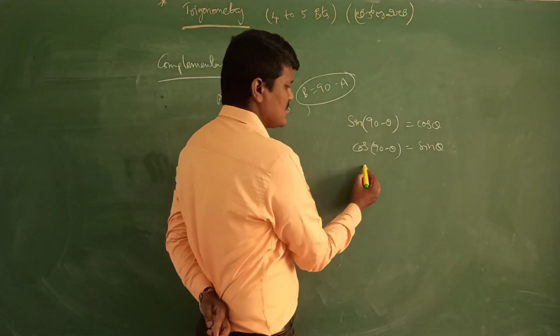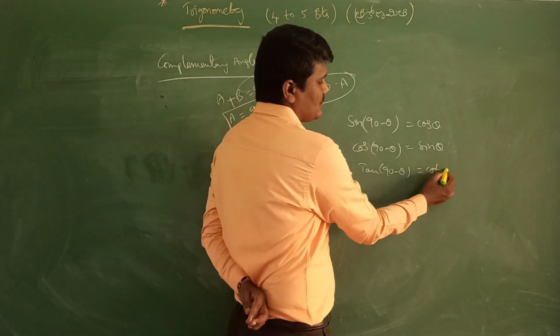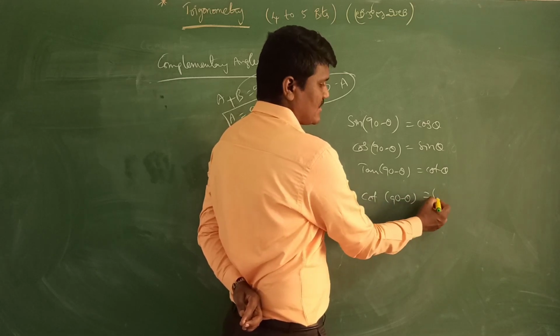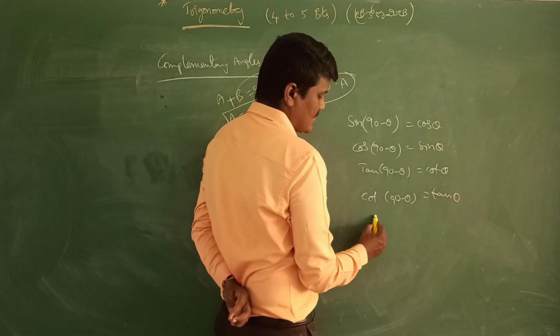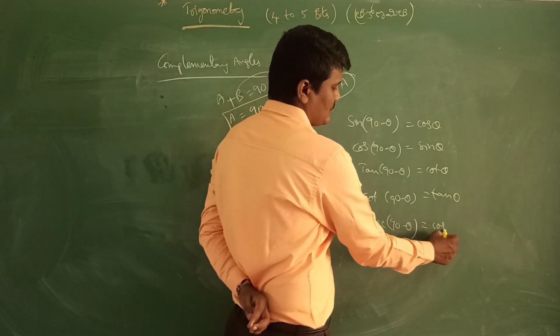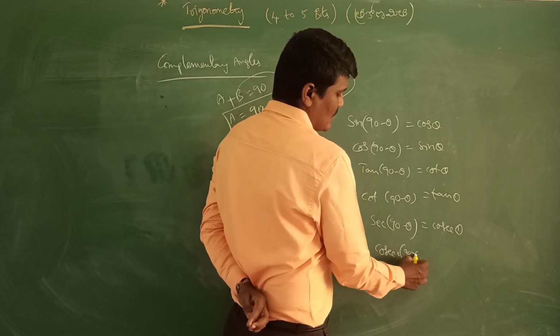You should remember this. Tan 90 minus theta is cot theta, cot 90 minus theta is tan theta, sec 90 minus theta is cosec theta, and cosec 90 minus theta is sec theta.